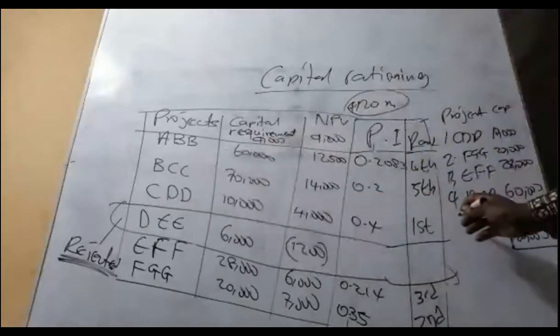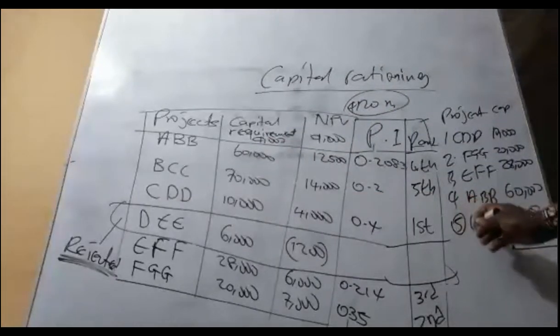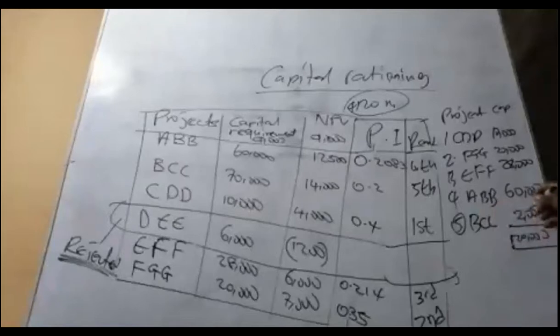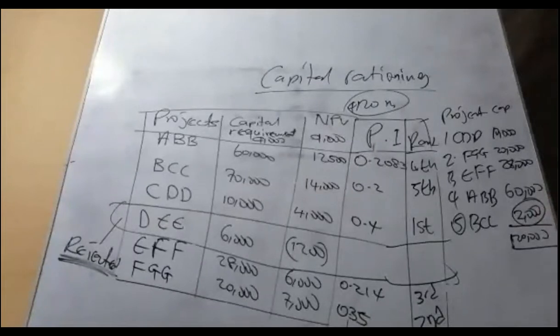For BCC, you only have to take 2,000. That's all. So BCC, take 2,000 and then you are done.